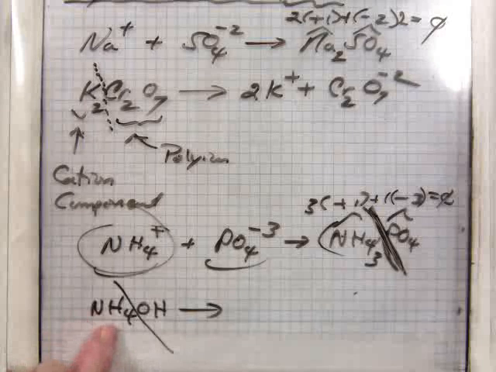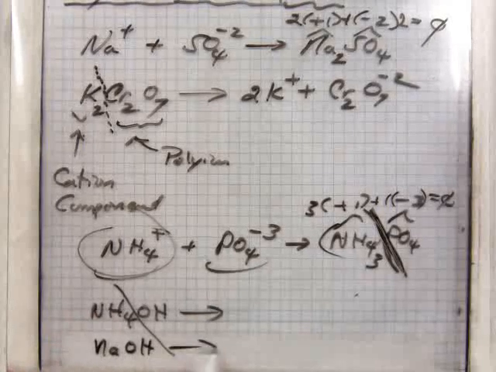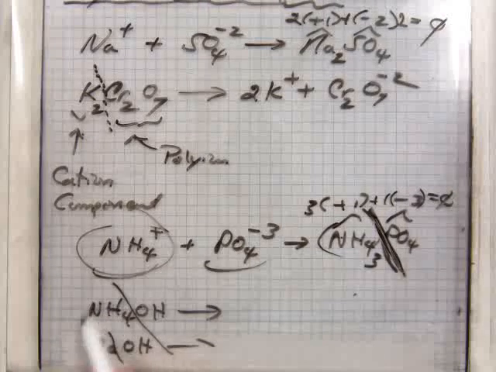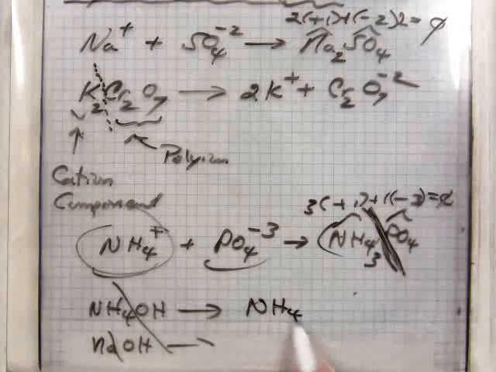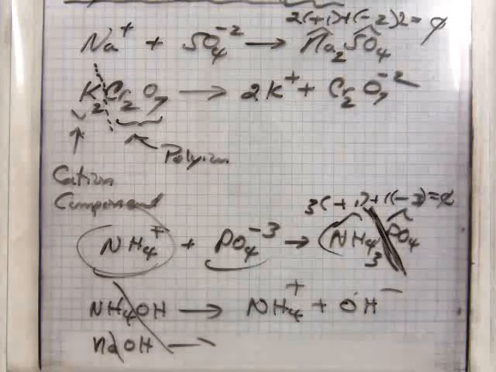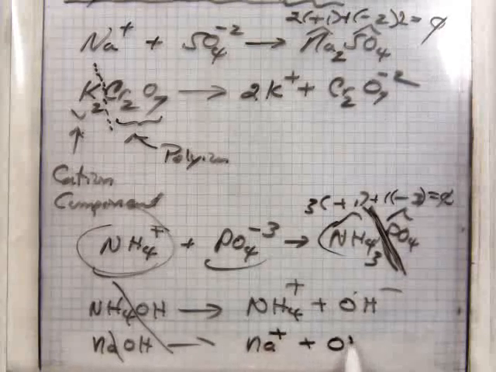Any other compound would have a metal right there, like sodium hydroxide. Well, yeah, the hydroxide is the polyion, but here the ammonium is the only cationic polyion you'll have to deal with, and NH4 plus OH is the ionization, and it's a 1-to-1, just as sodium and hydroxide come apart.